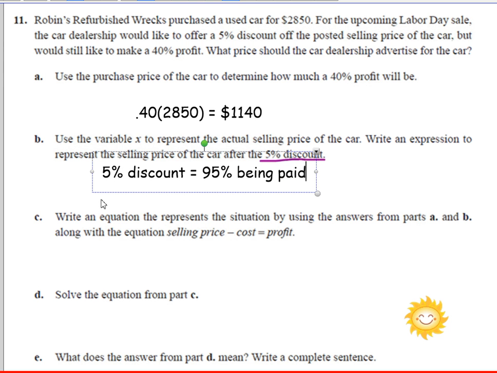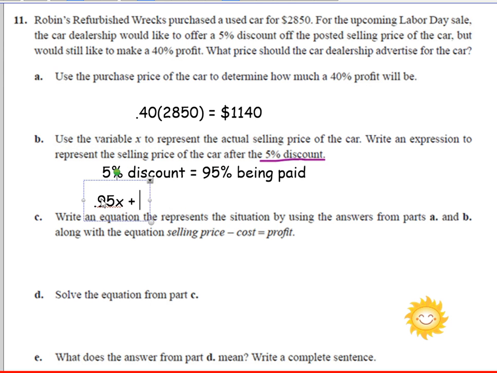We're going to use that 95%. And so 95% of whatever that sticker price is, what they're saying the cost is, plus the $1,140 that they want to make on the car.